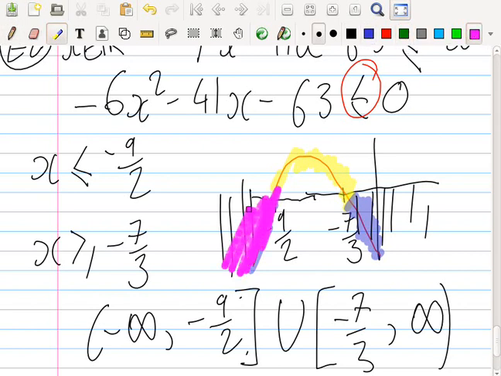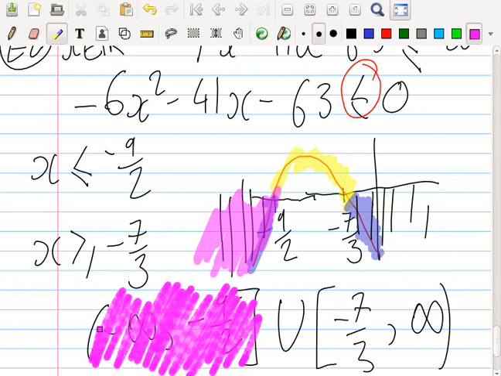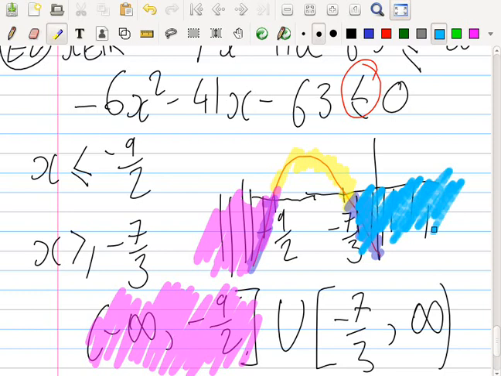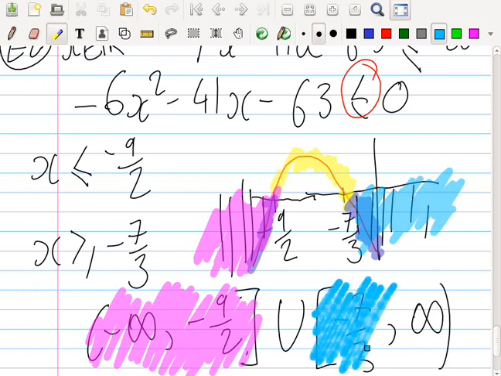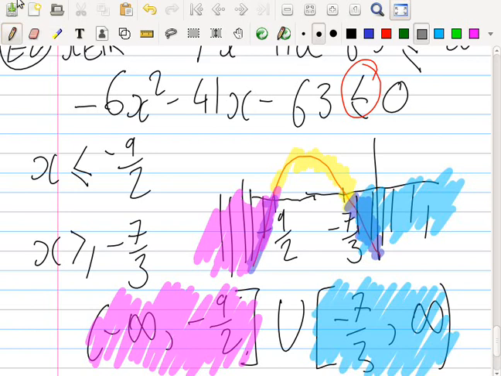This one here is this answer. And then this one here is this answer. Once you bring the x squared to the left, it becomes exactly the same.